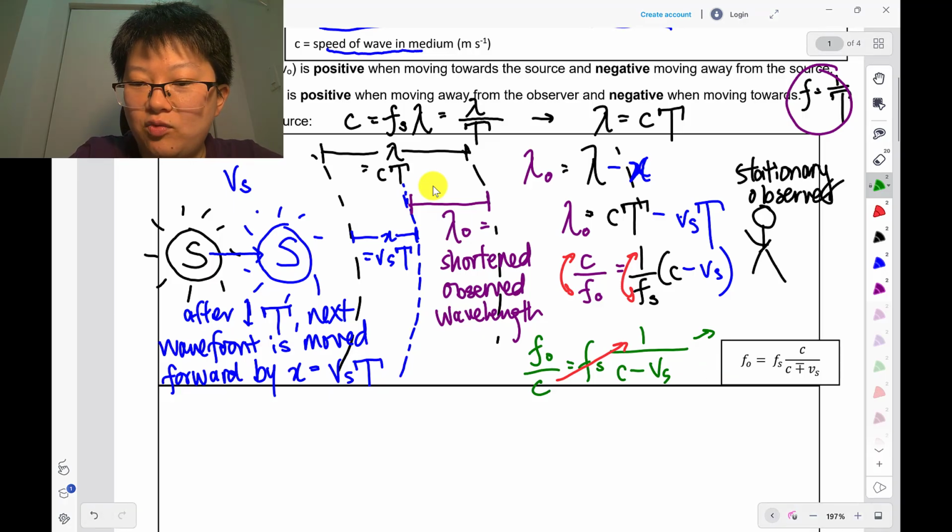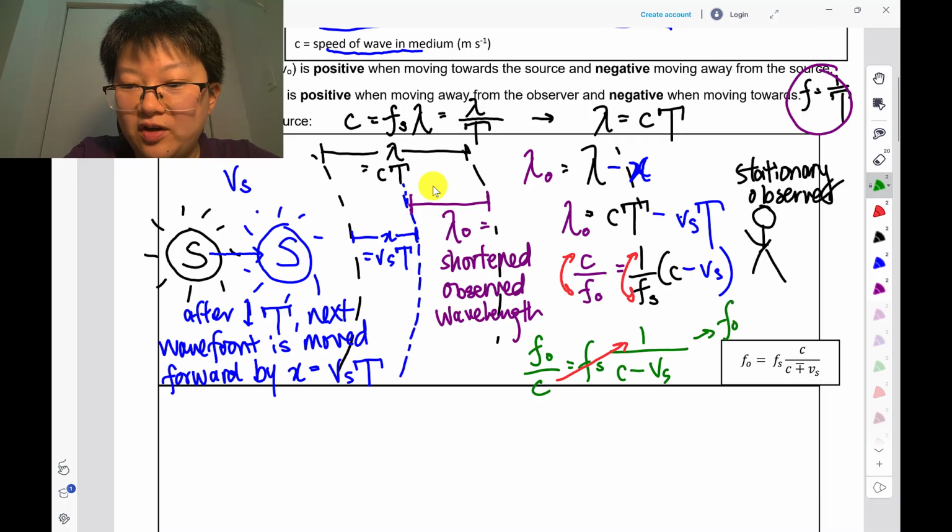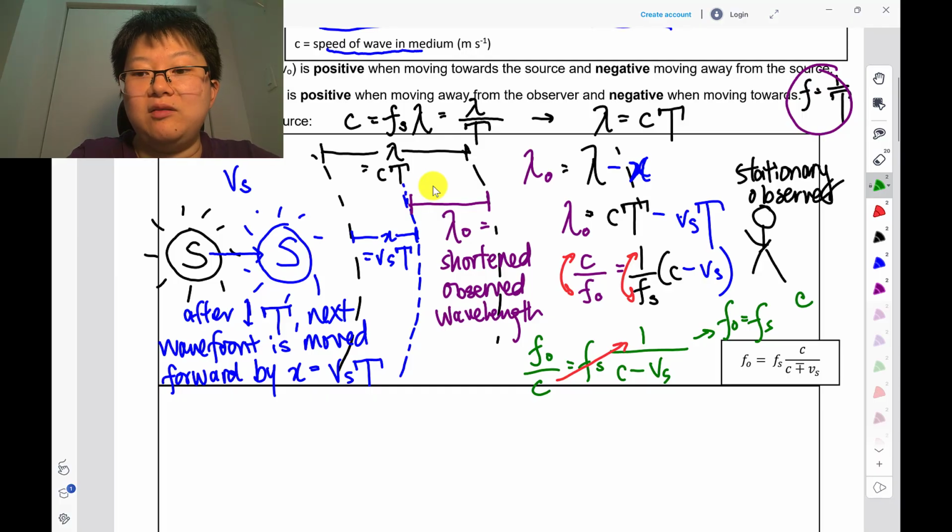But I'm going to take one extra step. So the observed frequency is equal to the frequency of the source times, all in brackets technically, the speed of the wave in the medium, C, divided by C minus the speed of the source.